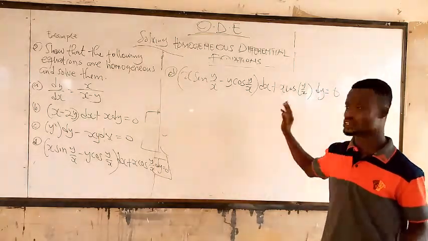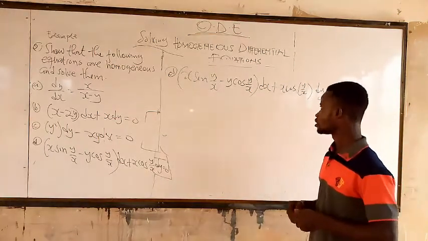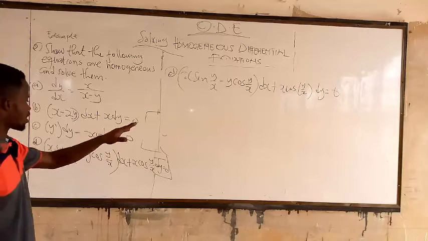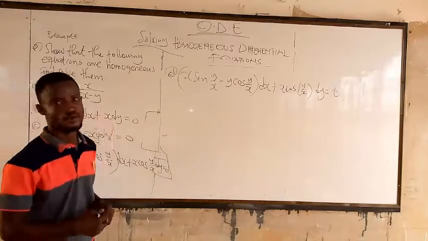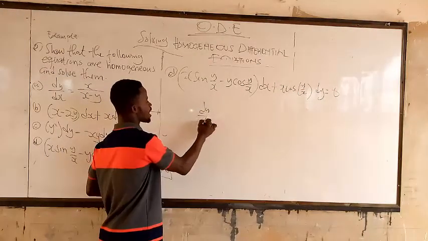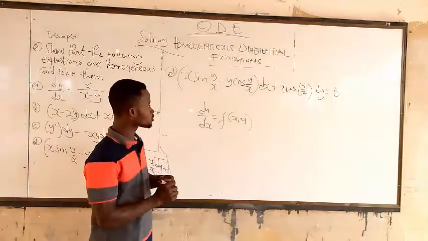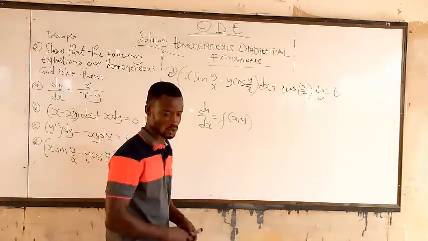Alright, so that's exactly what we have. So the first thing to do: we know that it should be in the form dy dx to be equal to a function of x and y. Alright, so let's make dy the subject or stand alone.